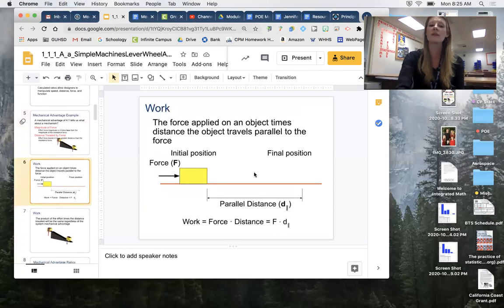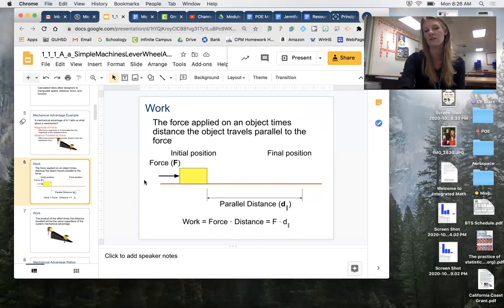So we will also be talking about work. Work is going to be the force that you apply times the distance parallel to that force. That's definitely something you want to write down. So we have mechanical advantage and we have work. Work is the force times the distance that's parallel to the force that you're putting on.